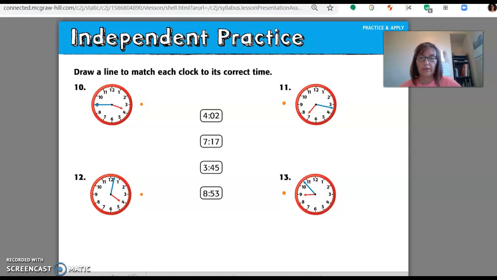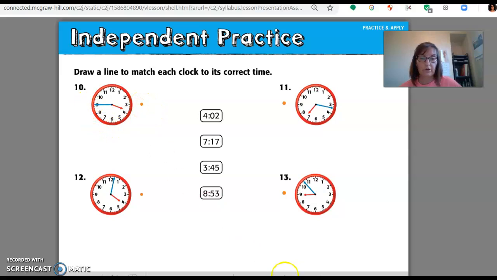And we're going to do number 10 and number 12. Number 10, we have the hour of 3 because it's past the 3, not to the 4. That only leaves us with this option, but let's check our math. If we're going by 5s and we have a 9, some of you know that 9 times 5 is 45. 5, 10, 15, 20, 25, 30, 35, 40, 45.